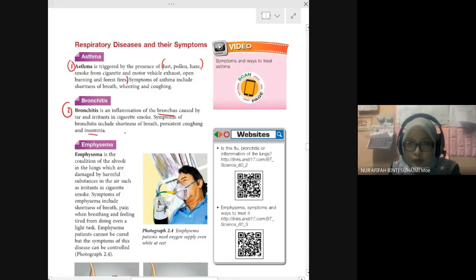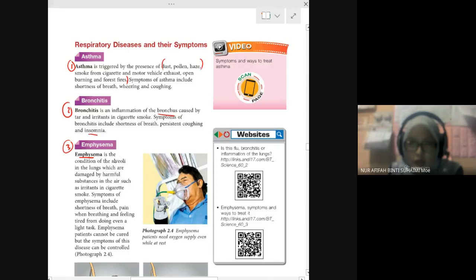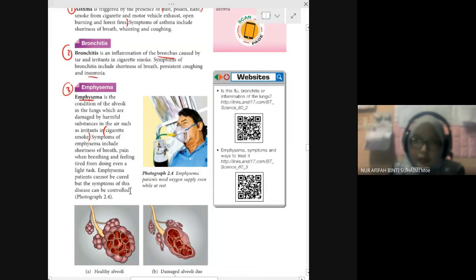Okay. Number 3, emphysema. Emphysema will damage your alveolus. Just now bronchitis damaged the bronchus. Emphysema is also caused by cigarette smoke. The symptoms include shortness of breath.